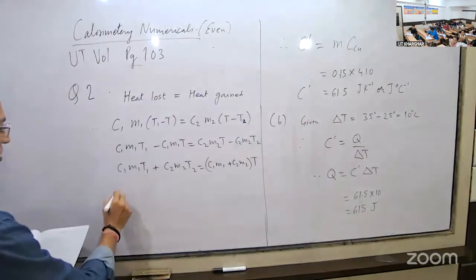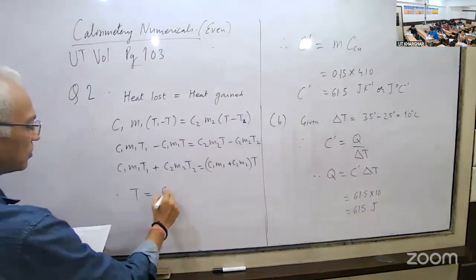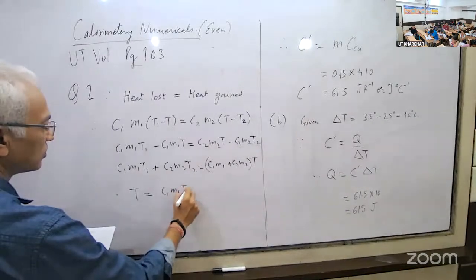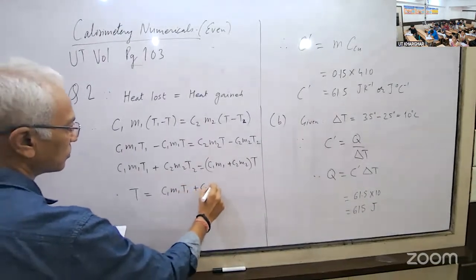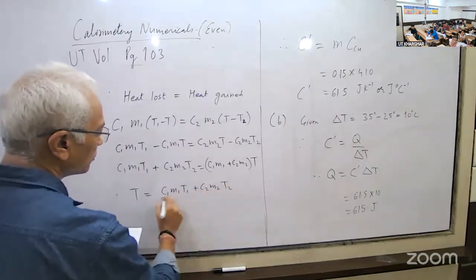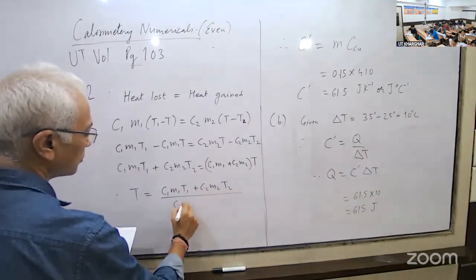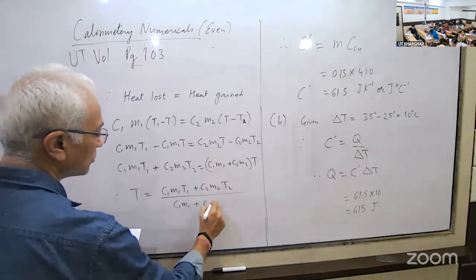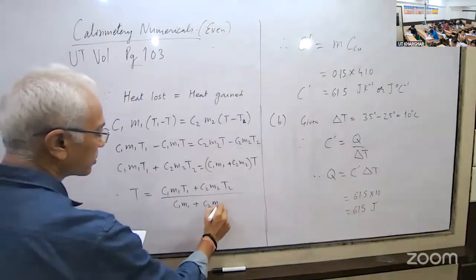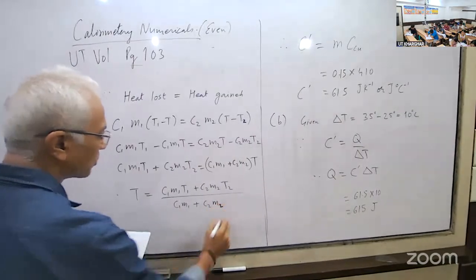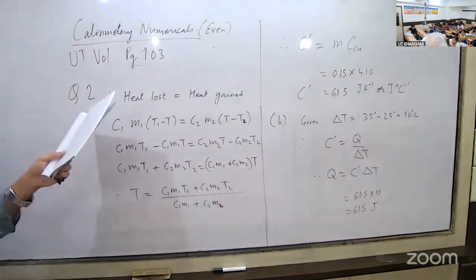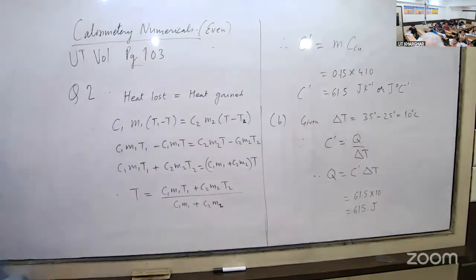So final temperature will be this. Here 1 is the hot body, 2 is the cold body. Now substitute.